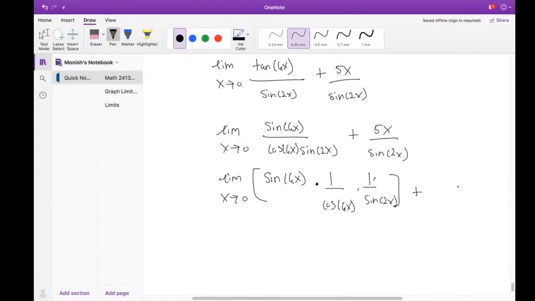And then if I take out a 5, so right now what we have is sine times 1 over this.